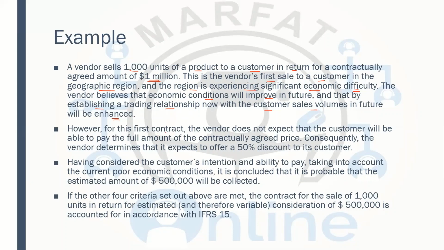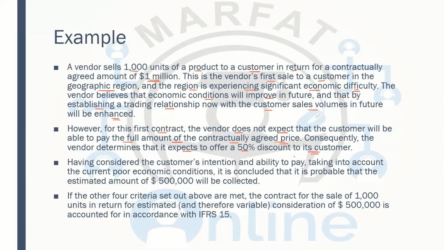However, for this contract, the vendor does not expect that the customer will be able to pay the full amount of the contractually agreed price. They know the customer is having financial concerns, so they won't be able to pay the full amount. Consequently, the vendor determines that it expects to offer a 50% discount to its customer.